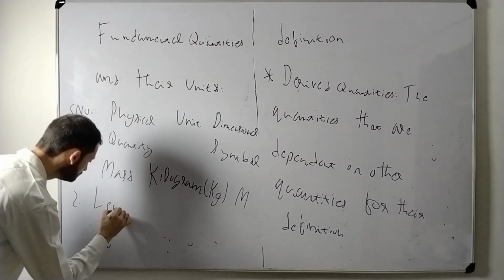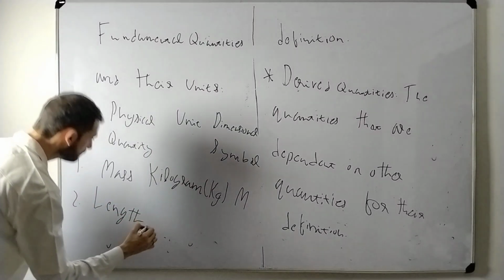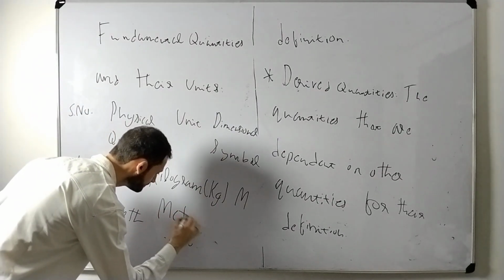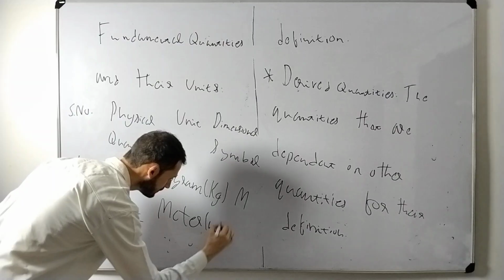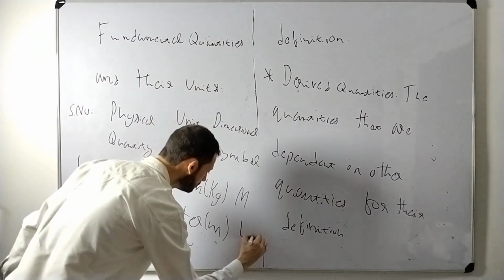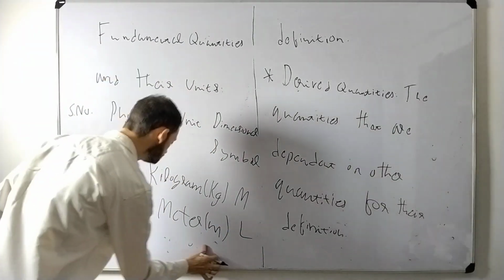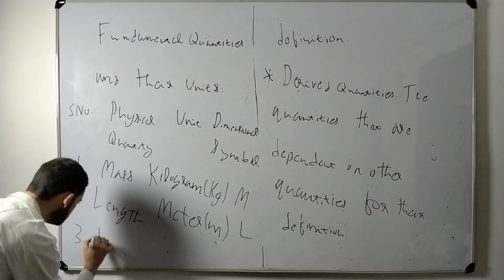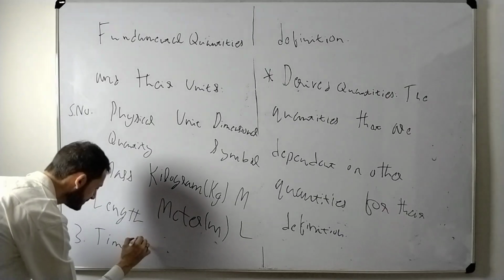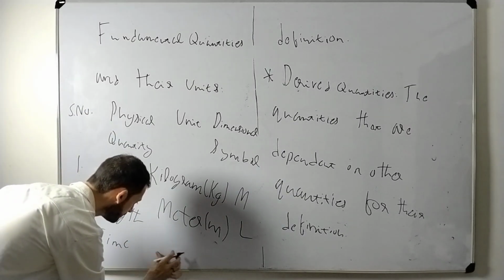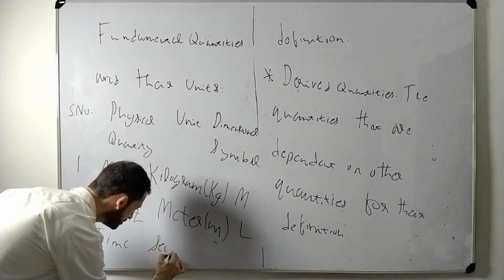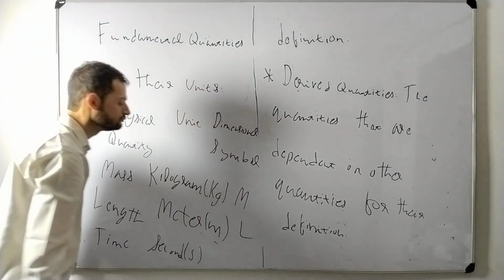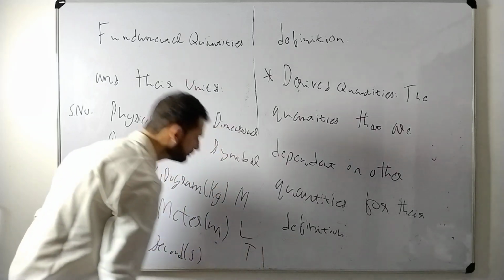Length, and the unit is meter. Very good. Meter, symbol L. Third, time. Unit, second. Symbol T.